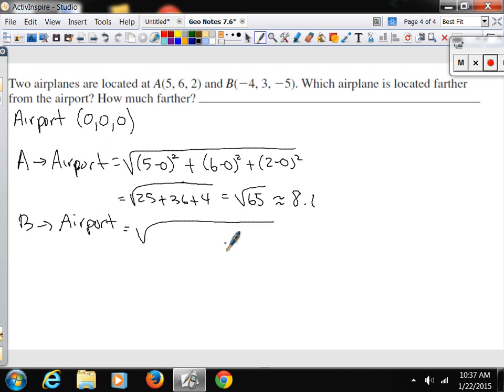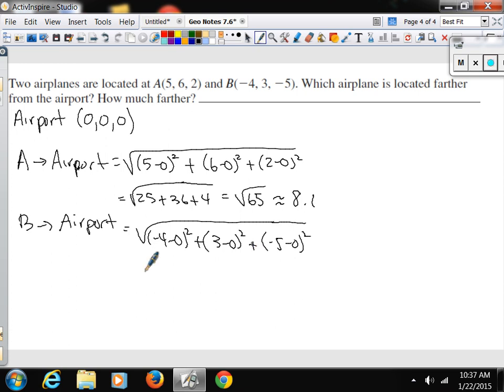These are big square roots. I'm going to do the same thing. The plane is going to be the second point, airport the first point, so negative 4 minus 0 squared, 3 minus 0 squared, and negative 5 minus 0 squared. So we just did x2 minus x1, y2 minus y1, z2 minus z1, squared them.